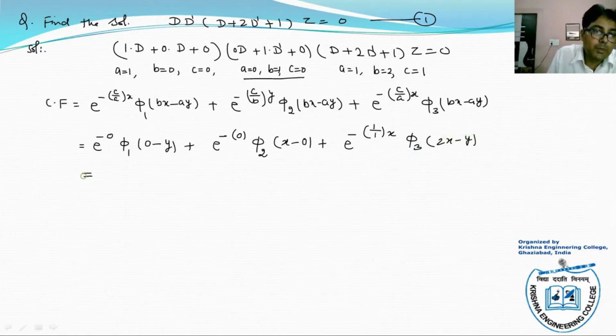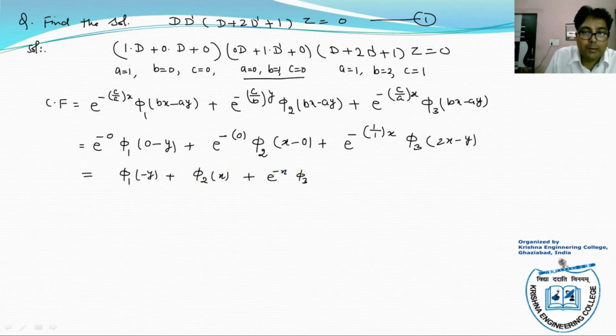Clear? The value of this is 0, this is phi 1. Phi 1 minus y, plus phi 2 x, plus e to the power minus x, phi 3 2x minus y, right?